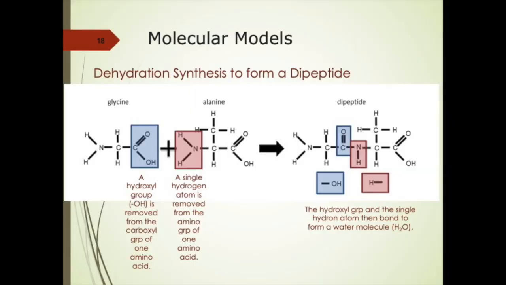So dehydration synthesis is formed when 2 molecules form together, and what comes off is water, basically. Okay. One side has an extra hydroxyl group, and one side has an extra hydrogen, right? When they bind, that hydroxyl group and that hydrogen form together to make water. Okay, so down here we have glycine that has an extra hydroxyl group in the carboxyl group, right?